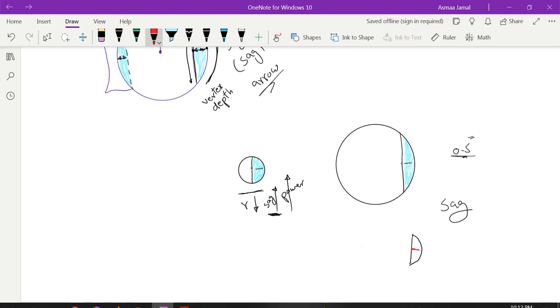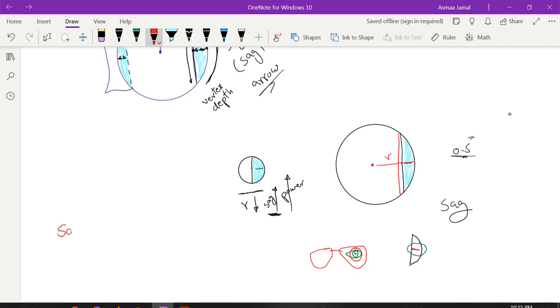Let's say we have a glass here. You want to cut a glass for a client. This is the eye of the client. This area of the lens should be here directly in front of the eye of the client. By knowing the radius of curvature, which is this one, and the diameter of the lens, this one, the sag can be calculated by the following formula.